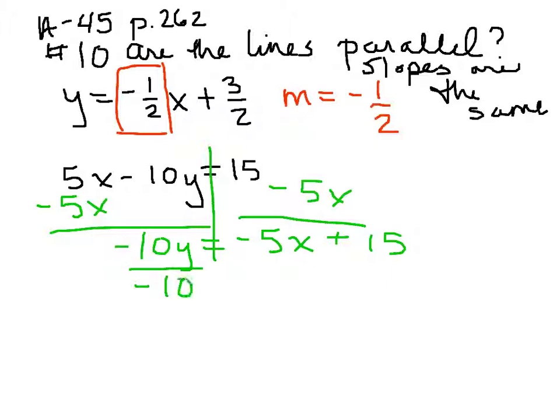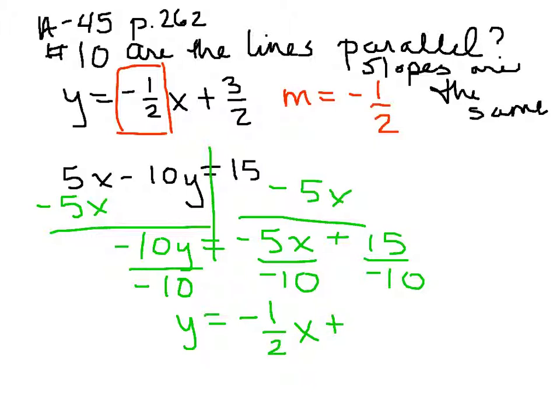So every single term gets divided by -10, and I get y is equal to -1/2 x plus, and then I'm going to go ahead and simplify -10/15, and I'm going to say that that's a -3/2.